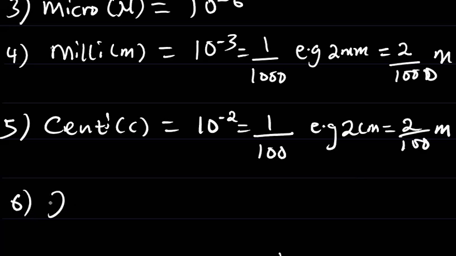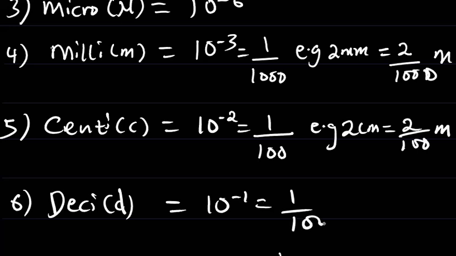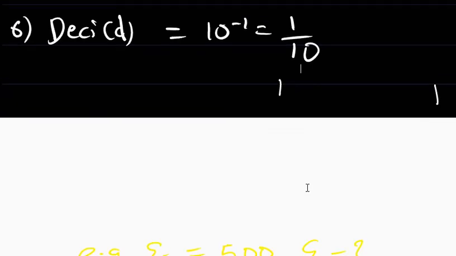Then we now have deci, D, please pardon me. That's 10 raised to the power minus 1, which is 1 over 10. So these are basically the submultiples.